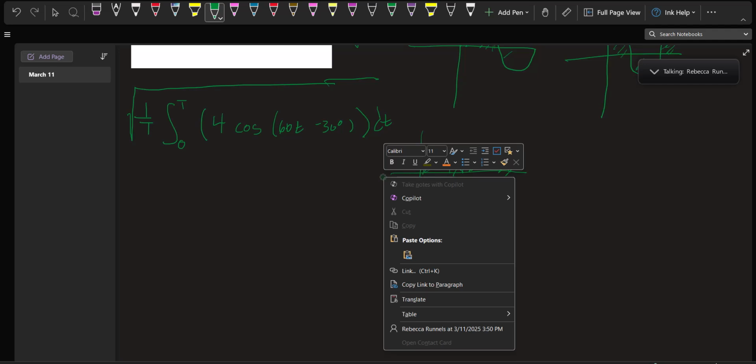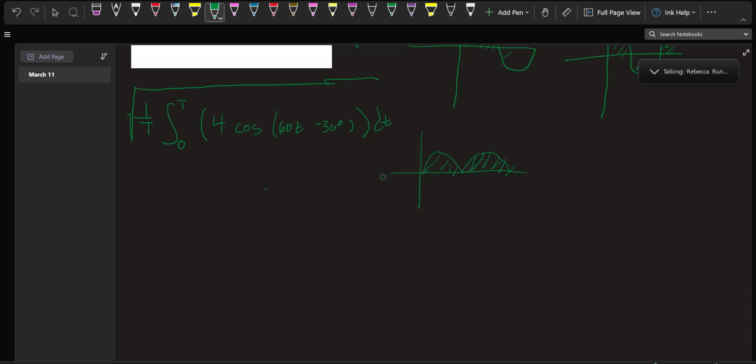I know that the root mean square for any sinusoid is the amplitude over the square root of 2.